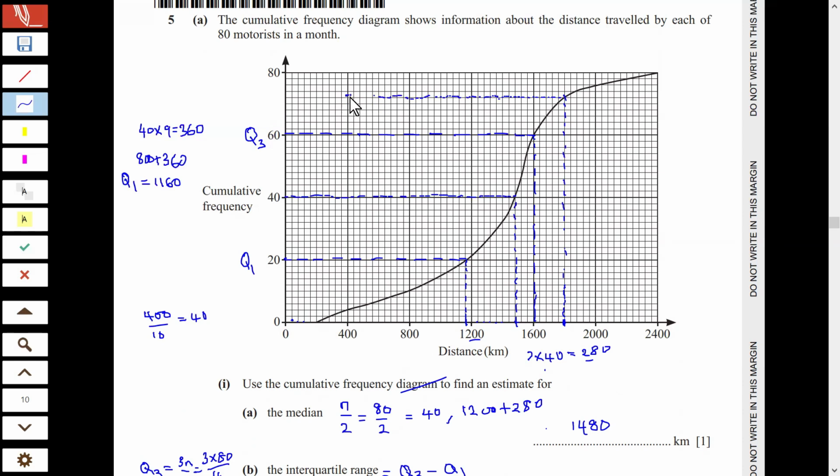We have to trace it out to the y-axis. This is the point. So we get to this point. So we need to know exactly what this is.